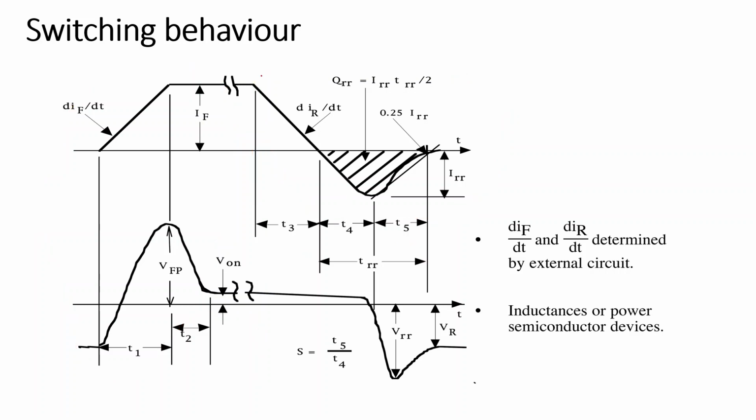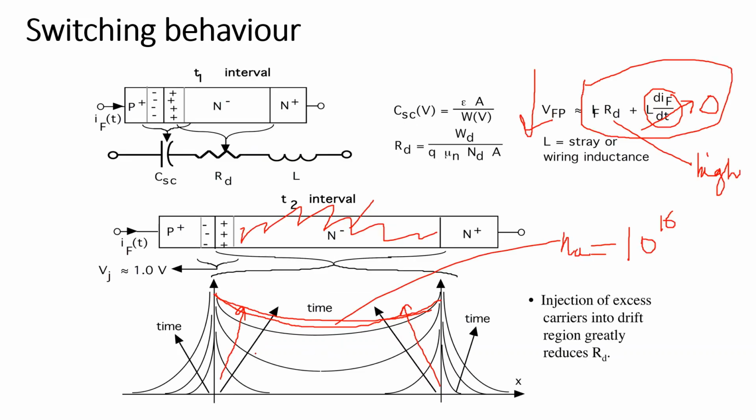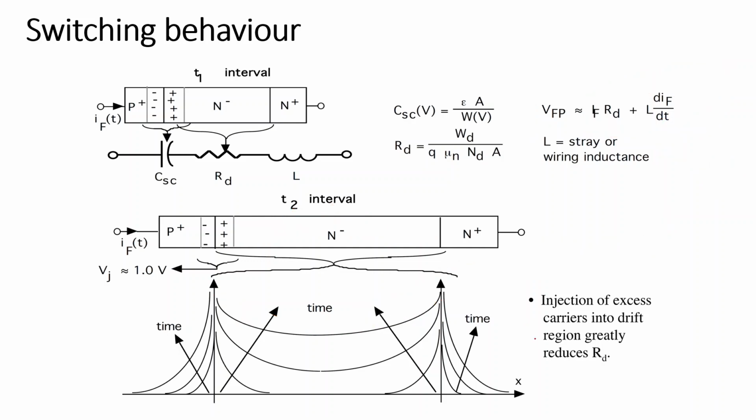So if we try to reverse bias this diode in the beginning of time T3, what will happen? We have reverse biased this diode.